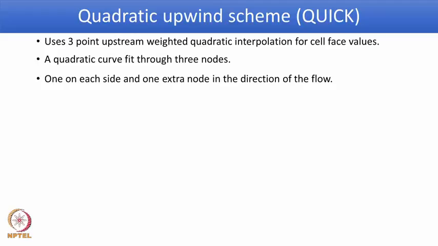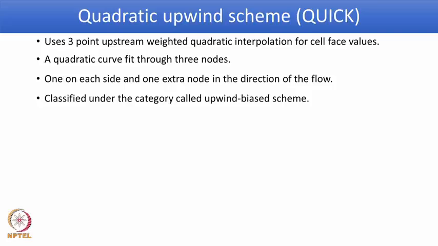One node on each side for a particular face and one extra node in the direction of the flow. Because one node extra is taken in the direction of the flow, this can be classified under what is known as an upwind biased scheme.